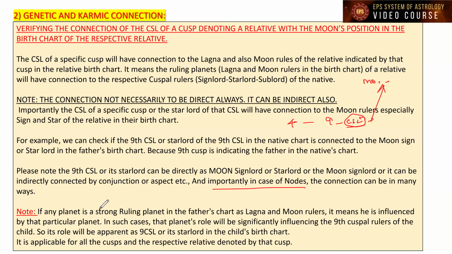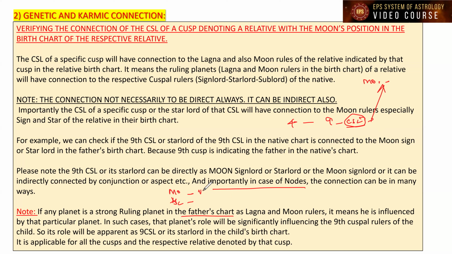Note, if a planet is a strong ruling planet in the father's chart, as Lagna and moon rulers, it means he is influenced by that particular planet. For example, if you study the moon ruler or ascendant ruler of the father, that is, the ruling planets of the father.